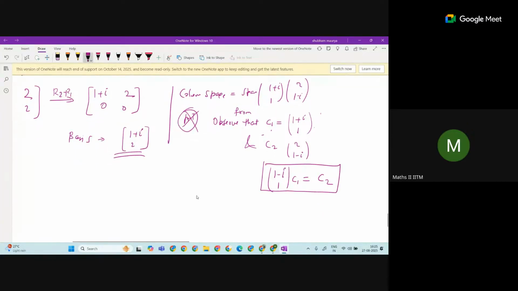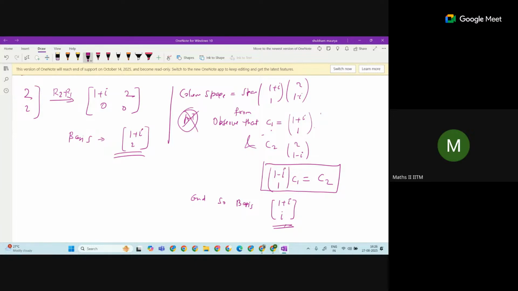So the basis is going to be: you will just take any column. That is your basis. You only need to observe.